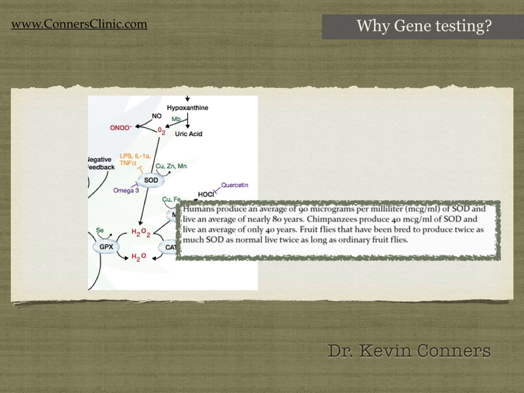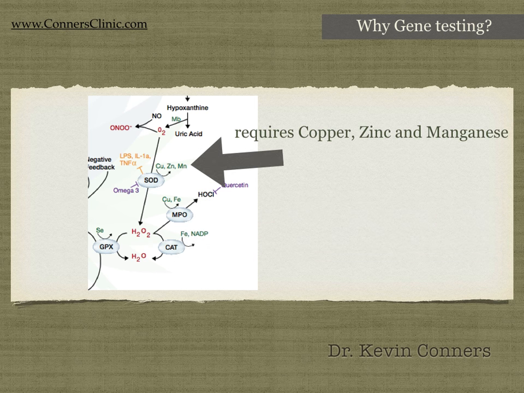So this SOD gene is important. We have to make sure that if there is a defect, what are we going to do about it? So see that it requires copper, zinc, and manganese, because really SOD1, SOD2, and SOD3 are a little bit different.